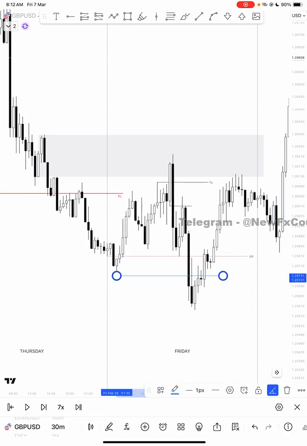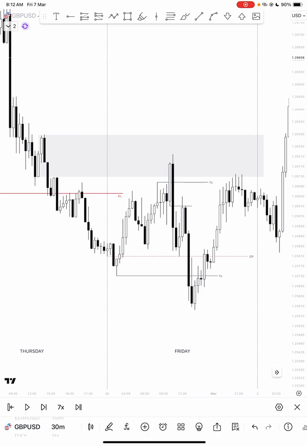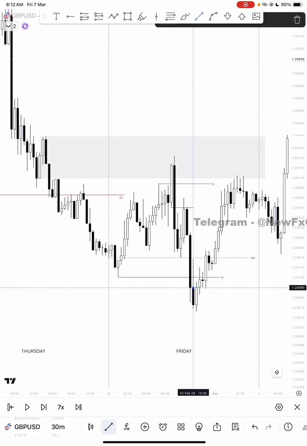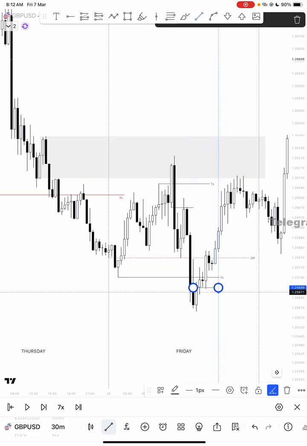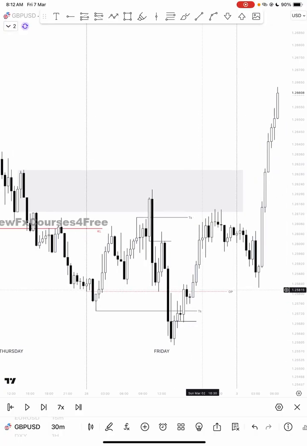Remember, every move starts and ends with turtle soup. Every exit is an entry and every entry is an exit. You got your turtle soup and you got your order block retracement here, then before going higher and closing here.